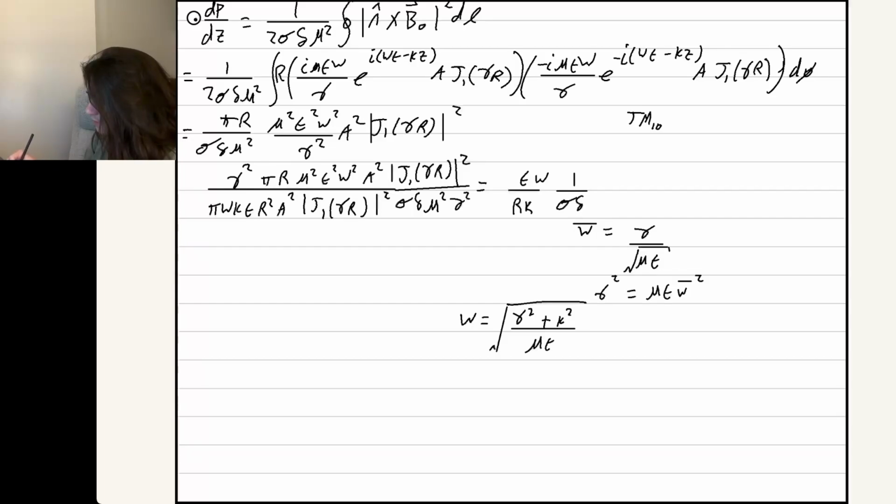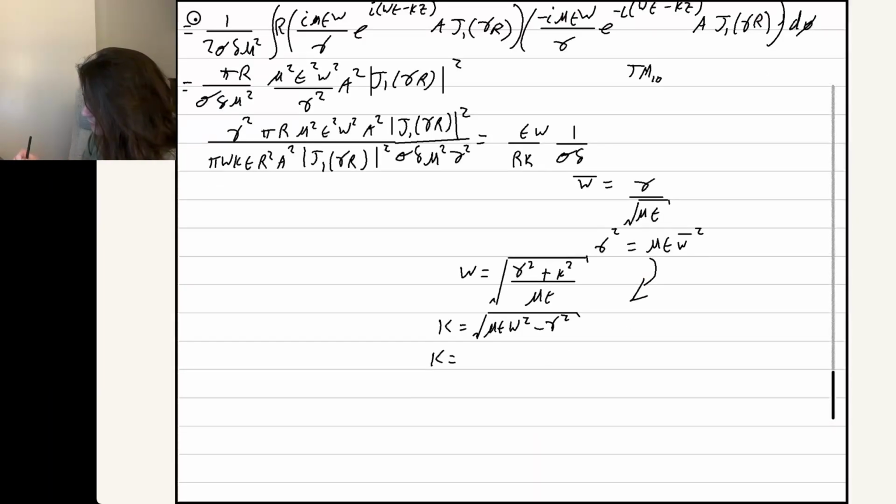And then you can solve that for k. So you can say k is equal to the square root of mu epsilon omega squared minus gamma squared. And then you can plug in this form of gamma into this form of k. So we're going to end up eliminating the wave number from our attenuation constant completely. So that's going to be mu epsilon omega squared minus mu epsilon omega bar squared.